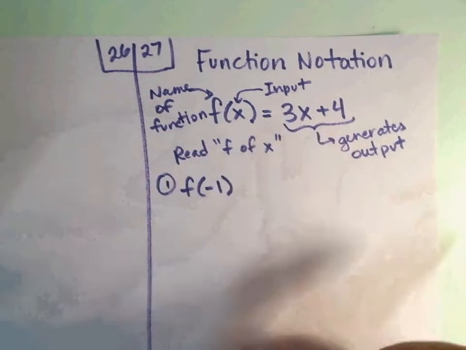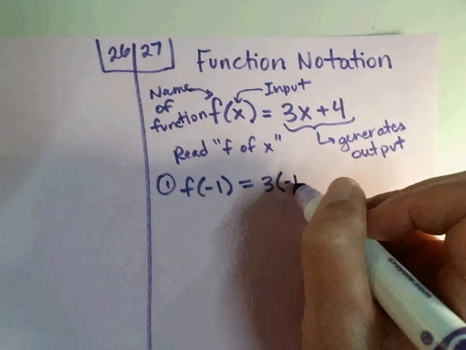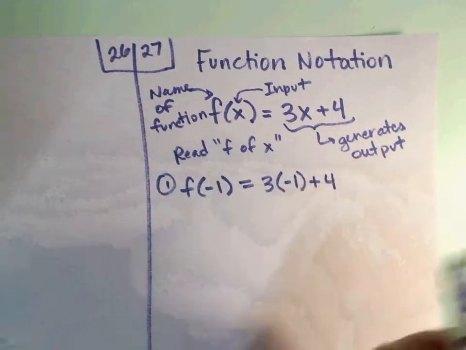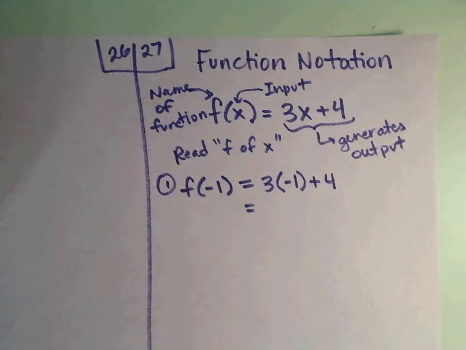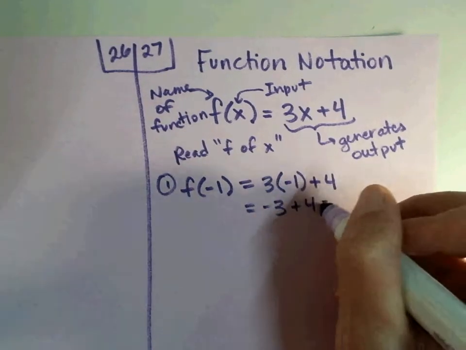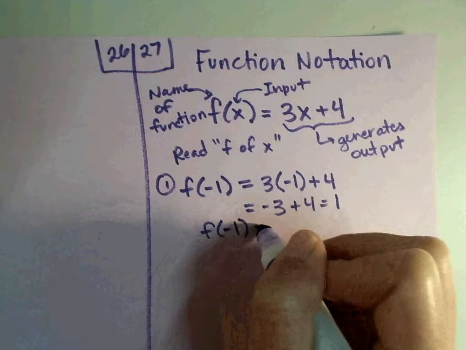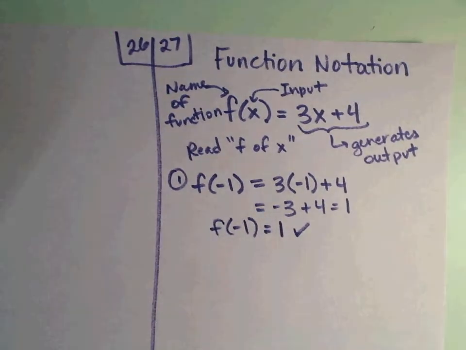So it's going to be f of -1 equals 3 times -1 plus 4. And then you just evaluate it. So 3 times -1 is -3. And -3 plus 4 is +1. So therefore f of -1 equals 1. That would be your answer.